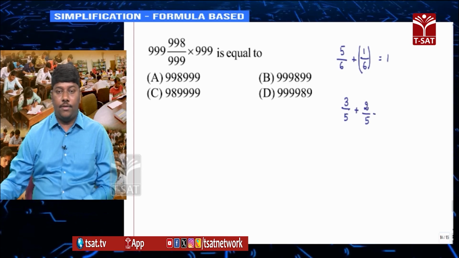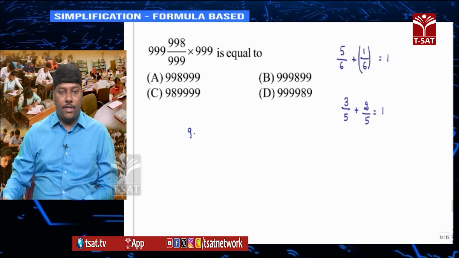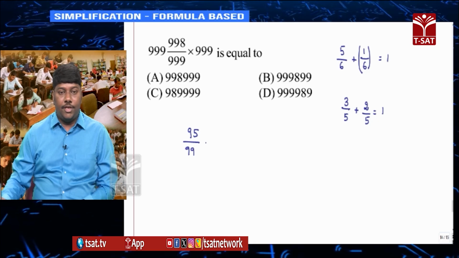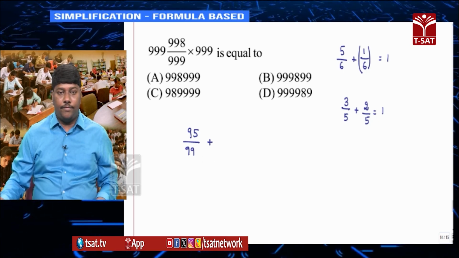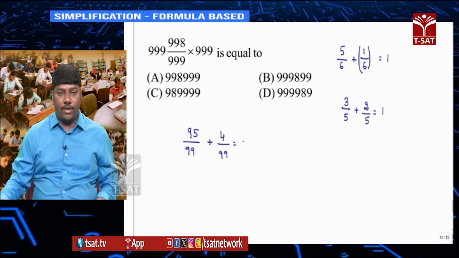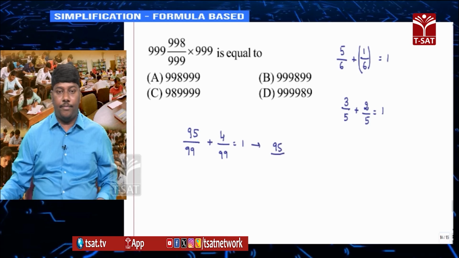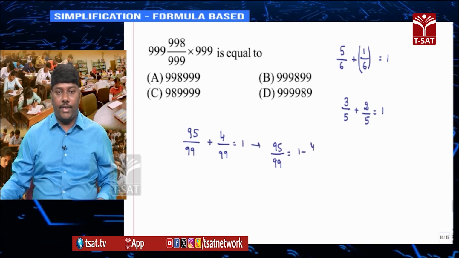Suppose I have 95 by 99. How much do I need to add to make it 1? I need to add 4 by 99. So 95 by 99 I can write as 1 minus 4 by 99.